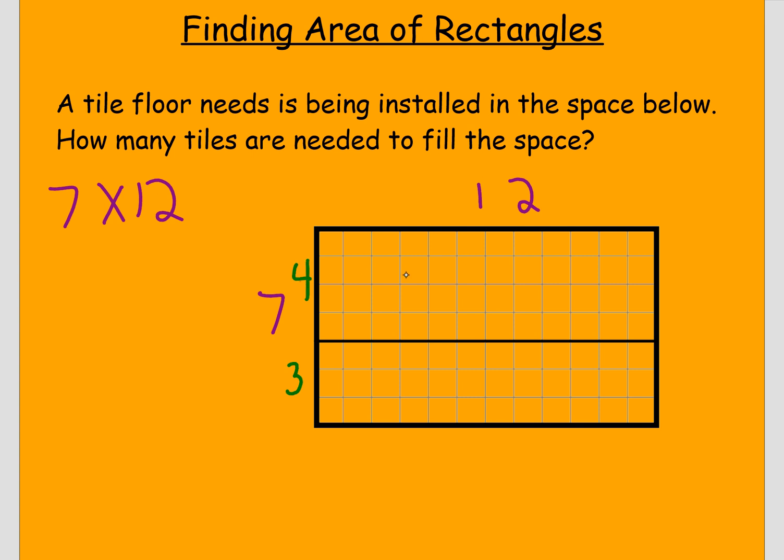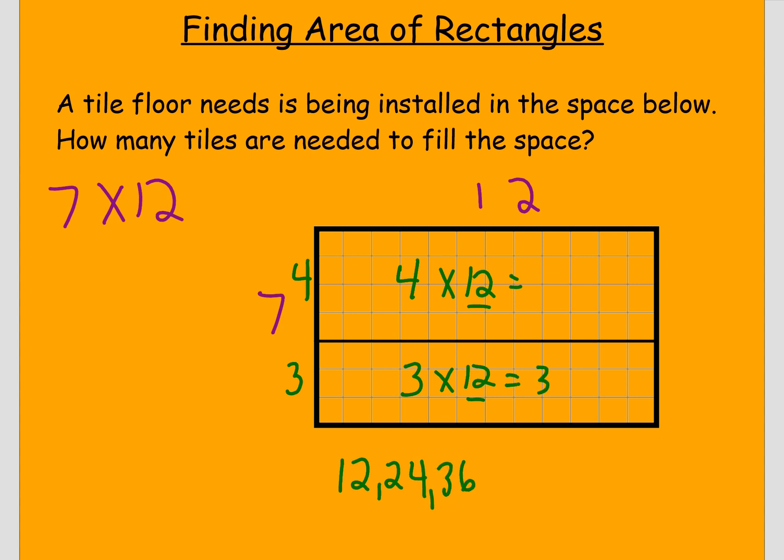So on this top part, it would be 4 times 12, and in the bottom part would be 3 times 12. Well, if I remember my 12s, I can do this. Or I might just go like this: 12, 24, 36. Oh, there's 3 of them. And then 12 more would be 48. So there's 4 of them.